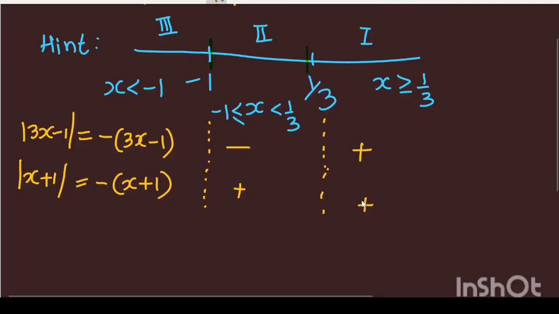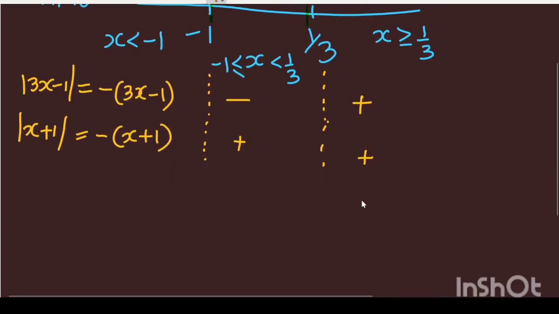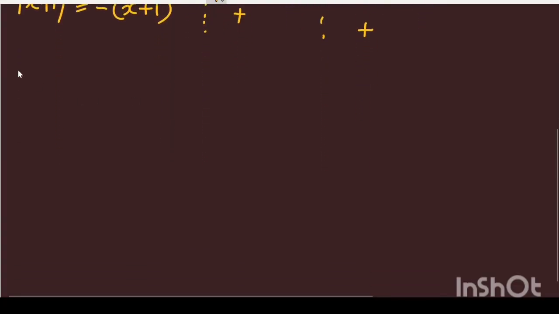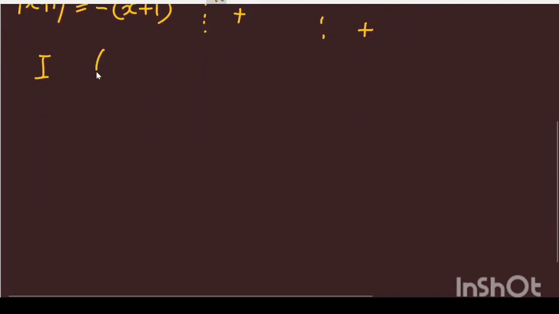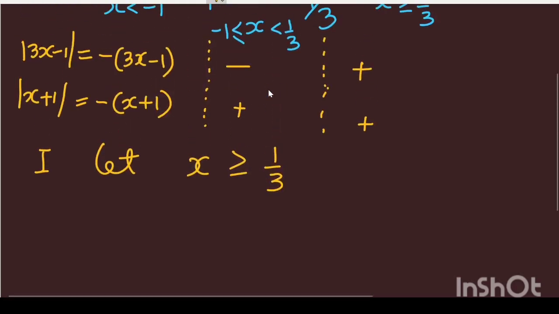So we will solve each case one by one. So taking first case, when we assume x to be greater than equal to 1 by 3, in that case both the moduluses will give plus sign, guys.